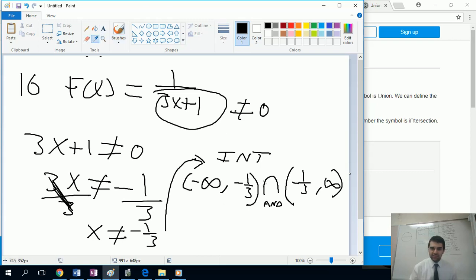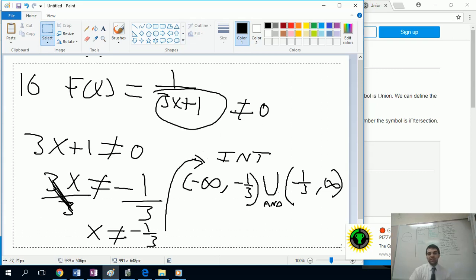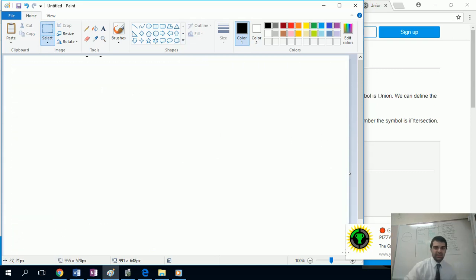Sorry, I just had a brief brain fart about what's and or. So this is negative infinity to negative 1/3 union negative 1/3 to infinity. So okay, so 1b. I apologize for that ill preparation. I was just going through this, and I had a temporary lapse on what was union and what was intersection. You'll be unforgiven in college for that.